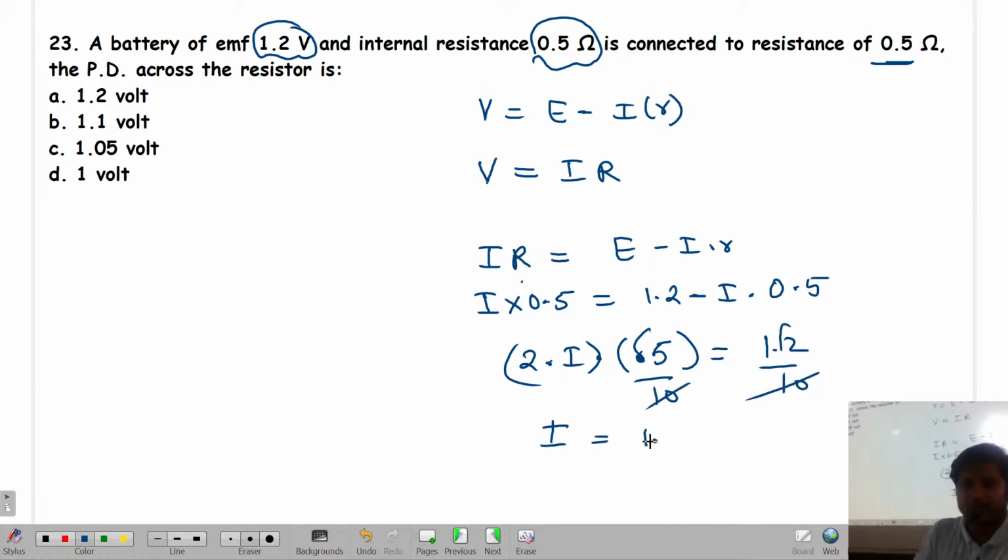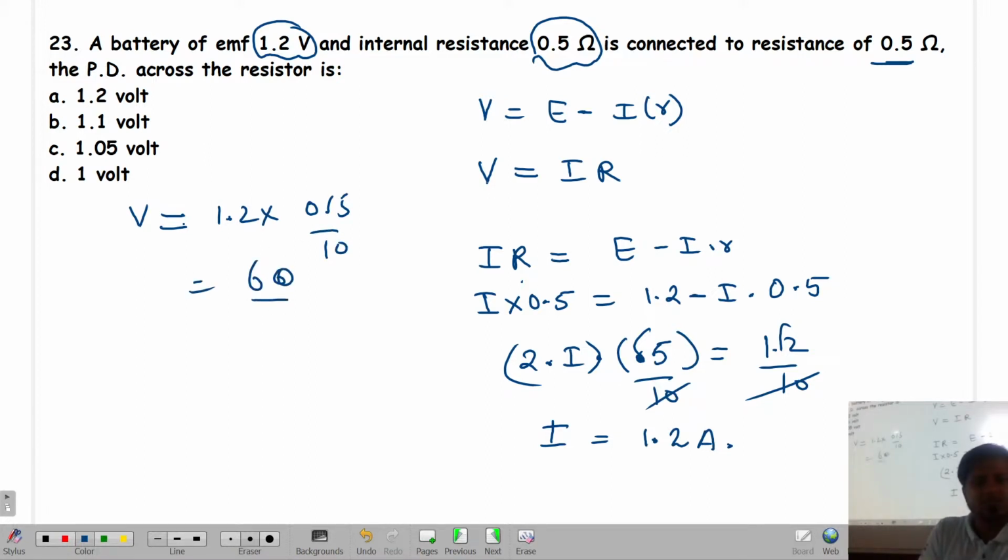I is equal to 1.2 amperes. So can we put in any of these equations, you will get the voltage. So voltage is equal to 1.2 into resistance 0.5, which is 6 volt.